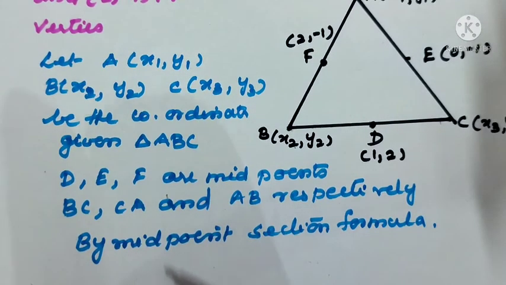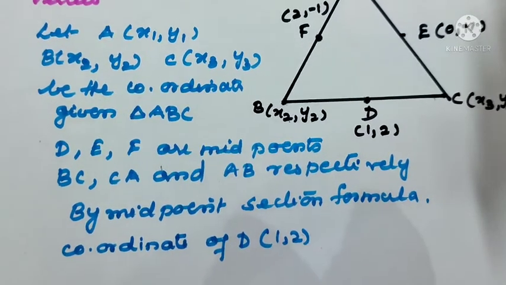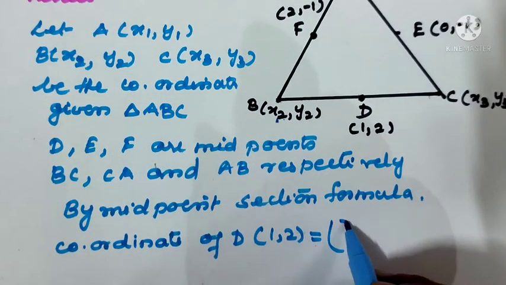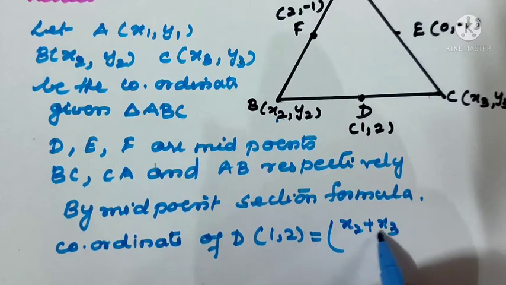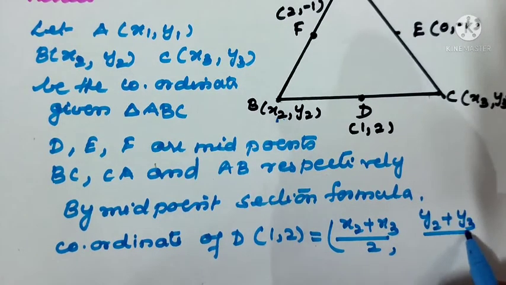So the coordinate of D, that is (1, 2), equals (x2 plus x3) divided by 2, similarly (y2 plus y3) divided by 2.